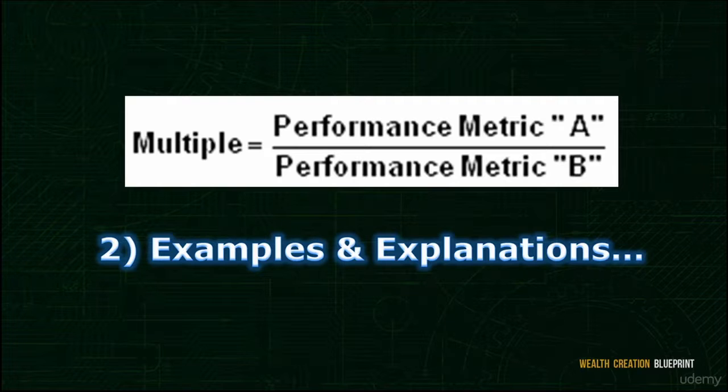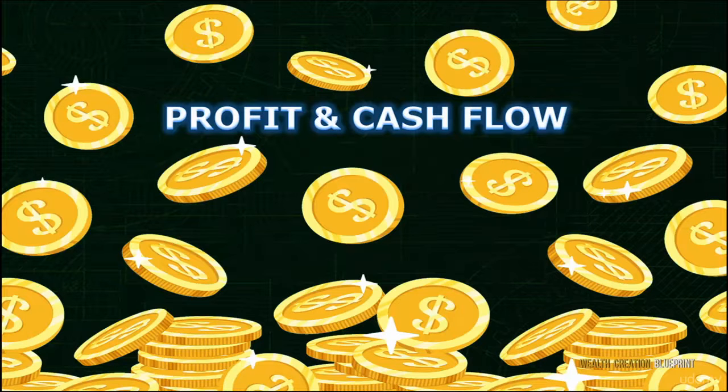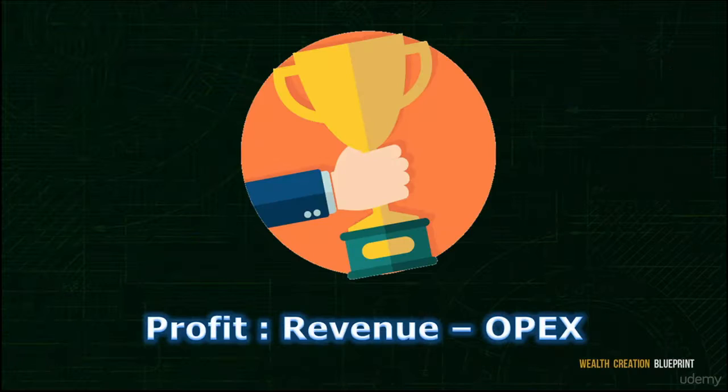All multiples act as a single number that analysts can multiply by some financial metric to determine the relative value or worth. With the EV/EBITDA formula, you will be able to make comparisons between you and your competitor who are doing similar types of business. So after the business valuation, take note of the company's profit and cash flow.